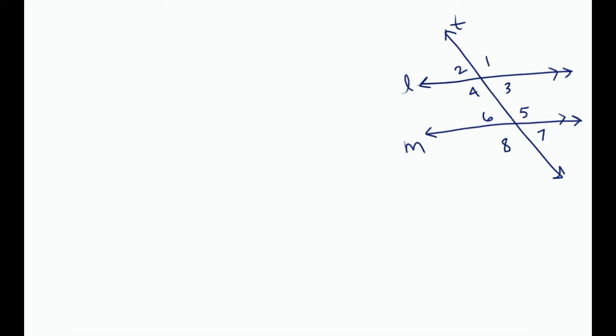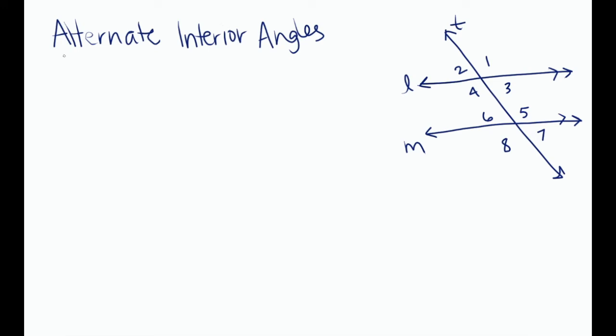Let's talk about 4 different types of pairs of angles that we're going to see. So the first type here is called alternate interior angles. And let's identify what pairs in here are alternate interior angles.